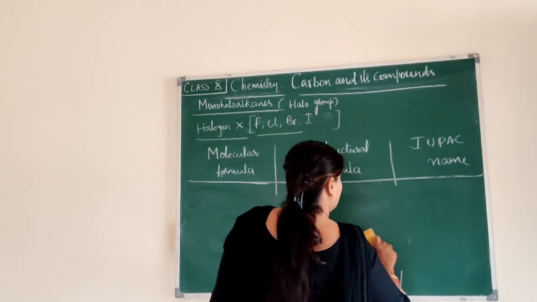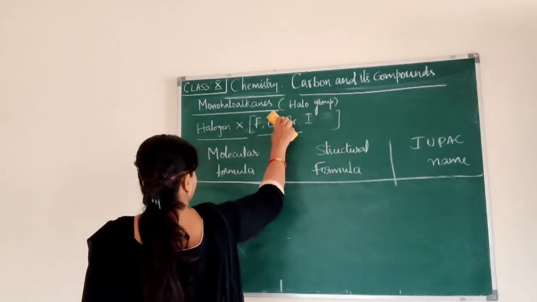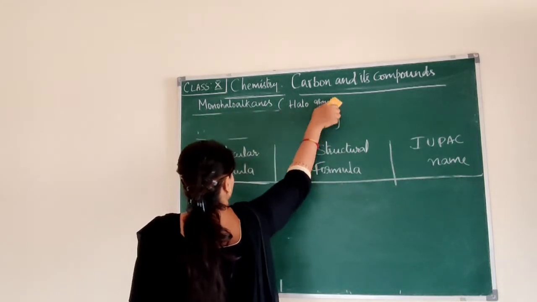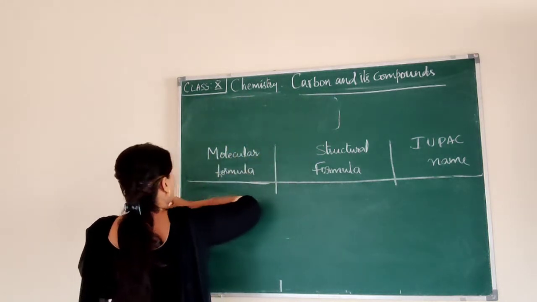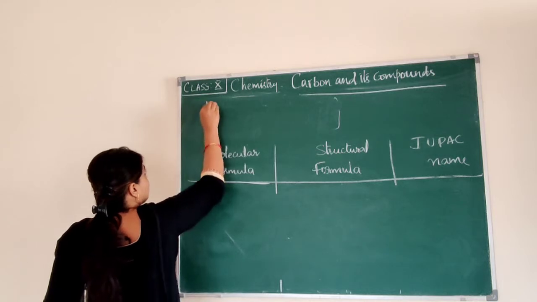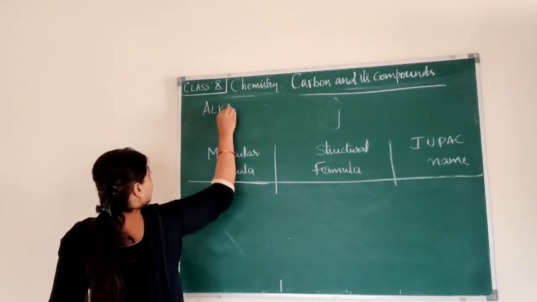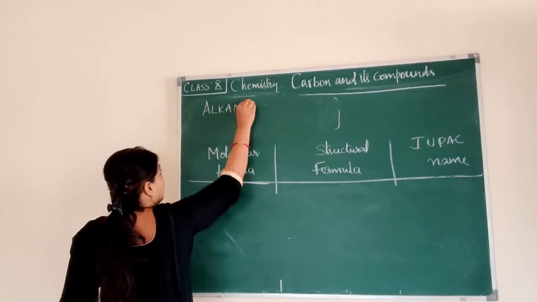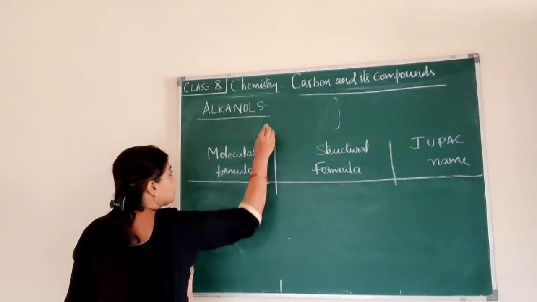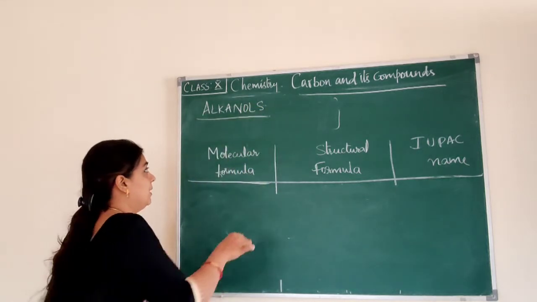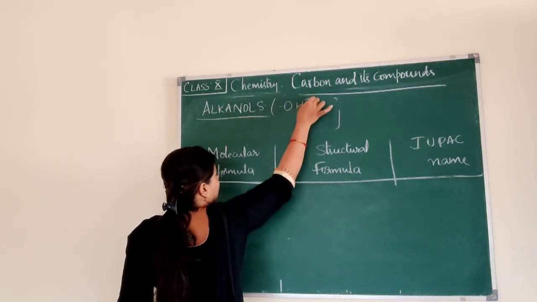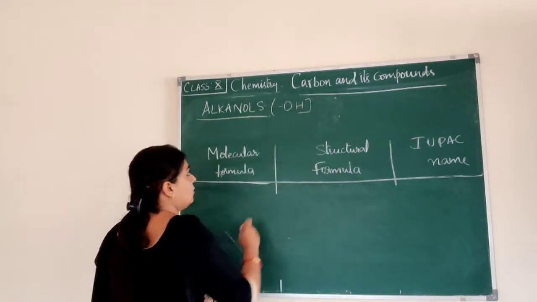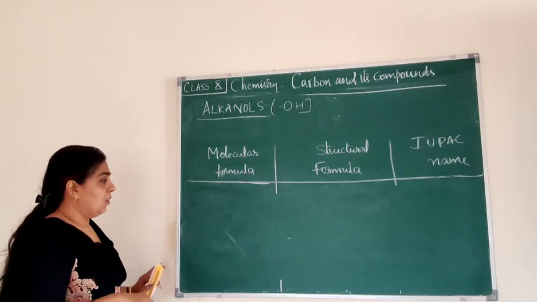Let us take the alcohol group. If I take alcohol as the functional group, I will be referring to this as the alkanols family. OH is the functional group, that is the alcohol group.